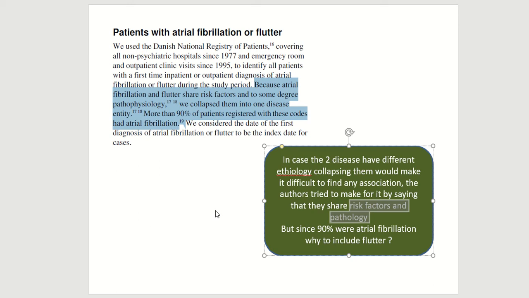However, I still have an issue with that, is that they said that out of all the cases, 90% are AFib and only 10% are flutter. So my question is, why include flutter? Why don't you just go with AFib? Make a study about AFib without flutter. Why did you need to collapse flutter? Anyway, that was their choice. Let's continue with our lecture.